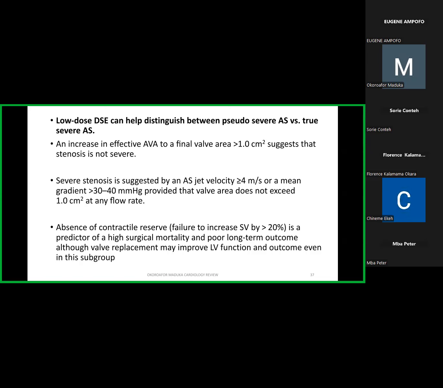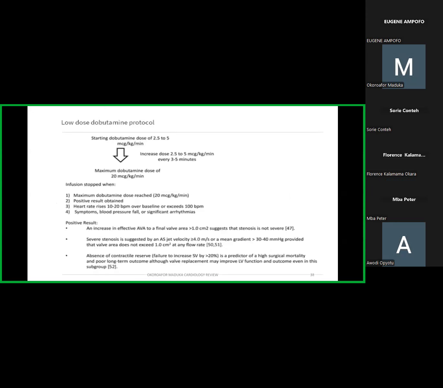So you offer the patient dobutamine stress echocardiography, in which you expect an increase in stroke volume by 20%. You watch out for the valve area. If the valve area remains less than 1, while the gradient and flow across the valve increase to the severe range, it suggests that yes, this patient has true severe aortic stenosis.